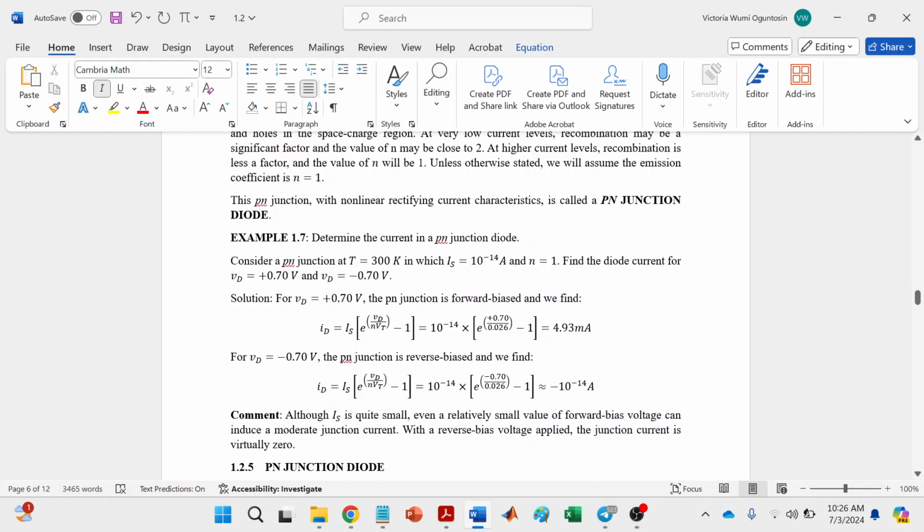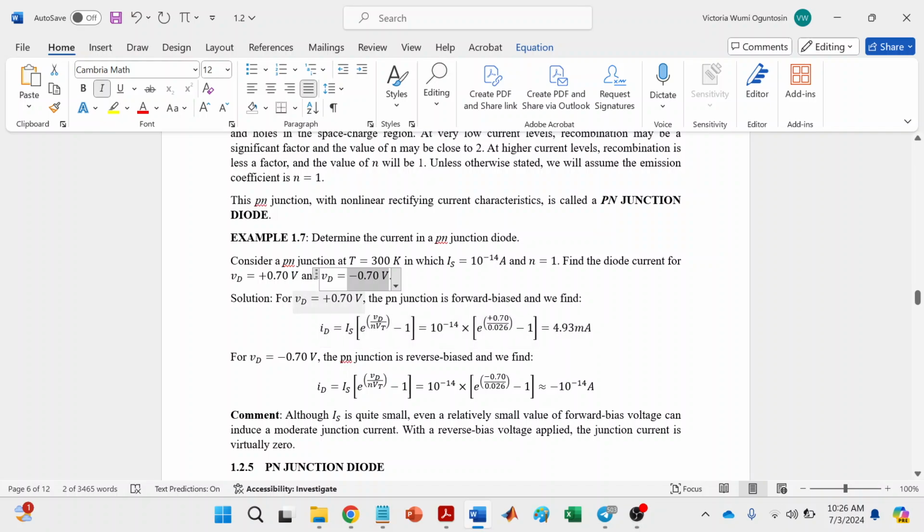So we now want to calculate the current in a diode. Given we are at this temperature, this is the zero bias saturation current, and this is the emission coefficient. We want to calculate the current when a forward bias voltage of 0.7 volts is applied, and when a reverse bias voltage of 0.7 volts is applied.